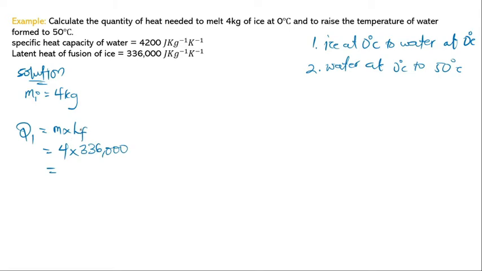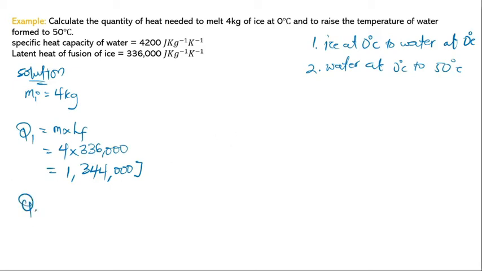If we do the multiplication, we get 1,344,000 joules as the first energy required to convert the ice at 0 degrees Celsius to water at the same temperature, 0 degrees Celsius.